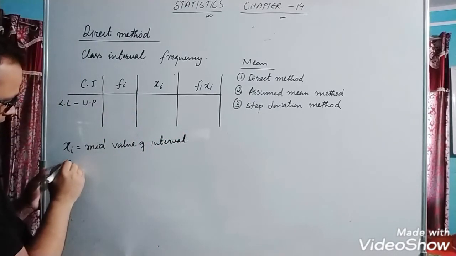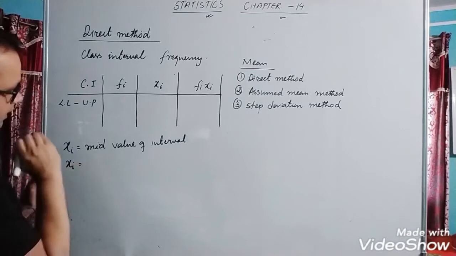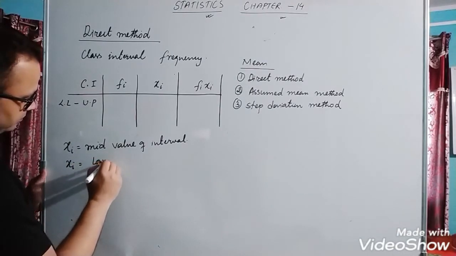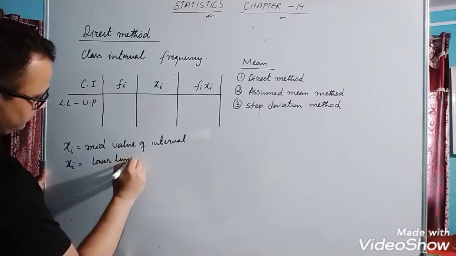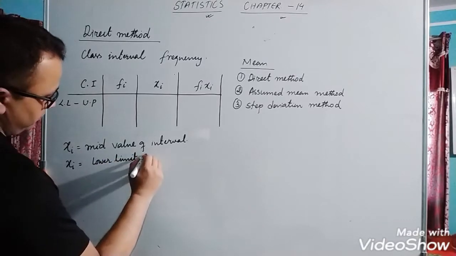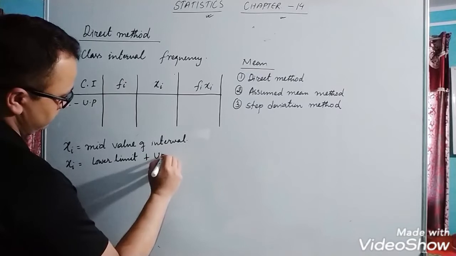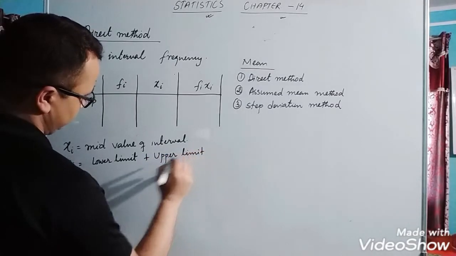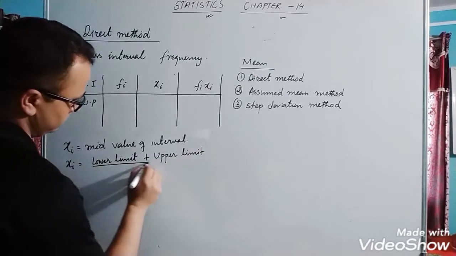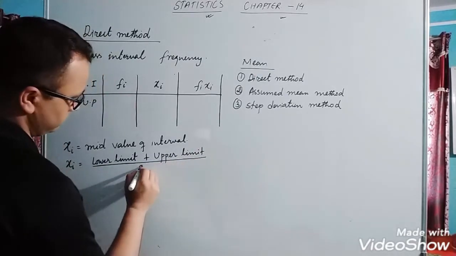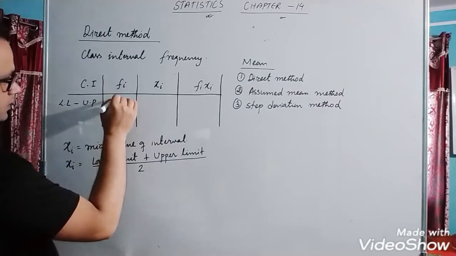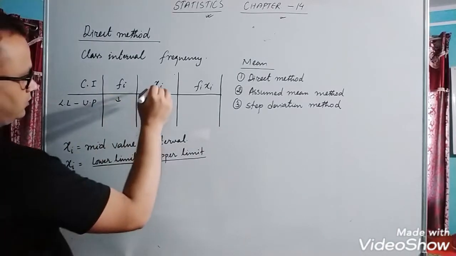So xi can be calculated as lower limit plus upper limit divided by 2.